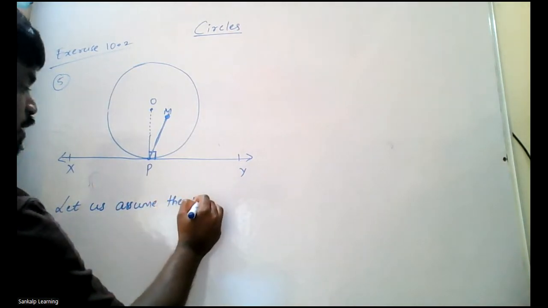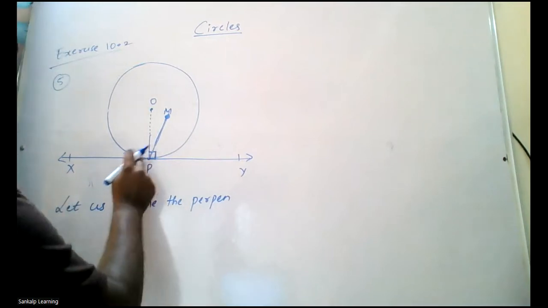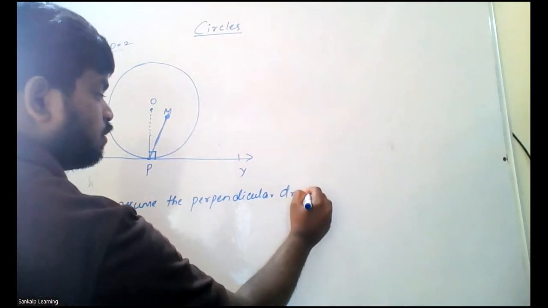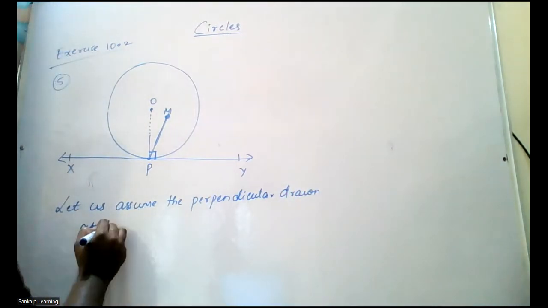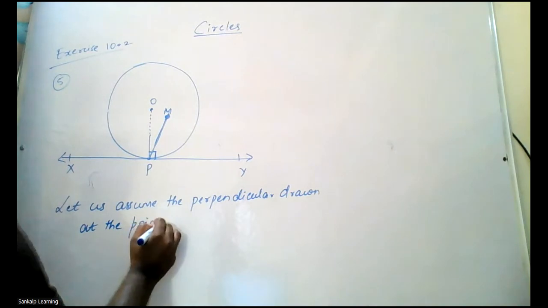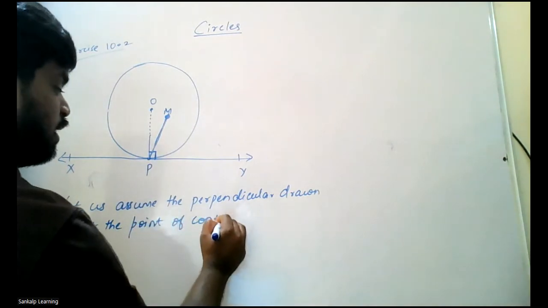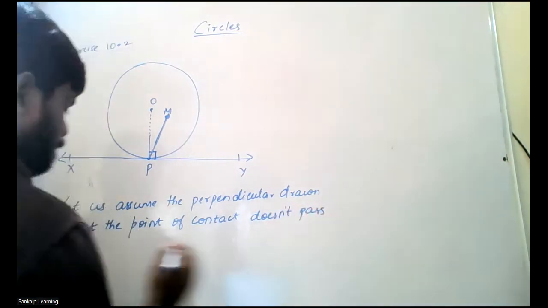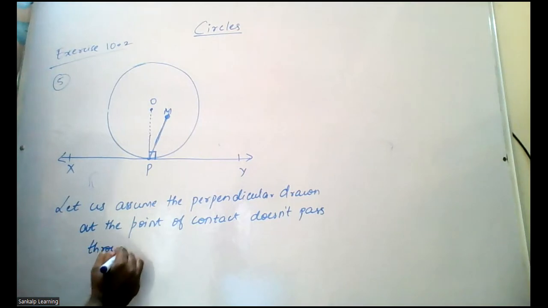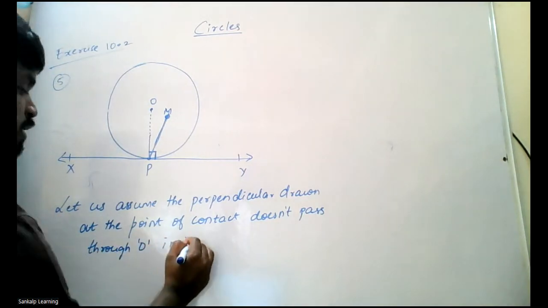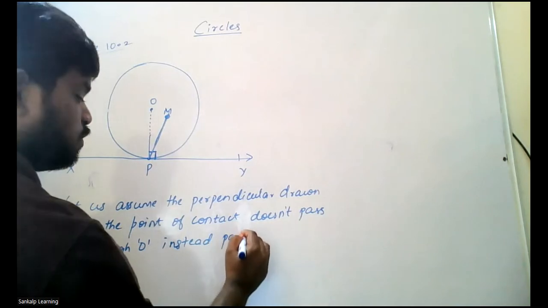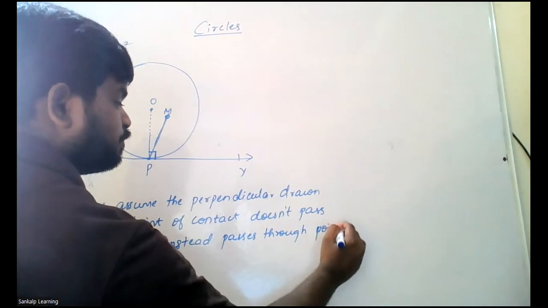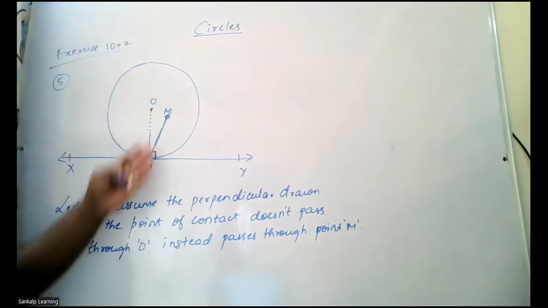Where is this perpendicular drawn? At the point of contact, isn't it? The perpendicular drawn at the point of contact P doesn't pass through O, instead passes through point M. Is this M the center of the circle?